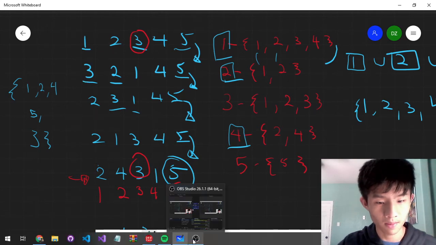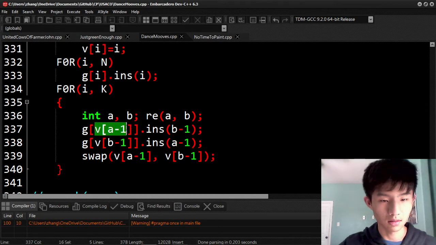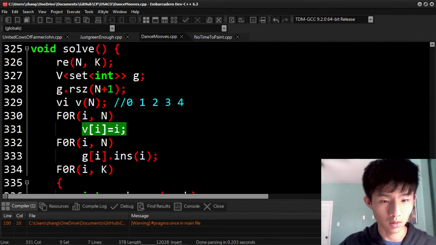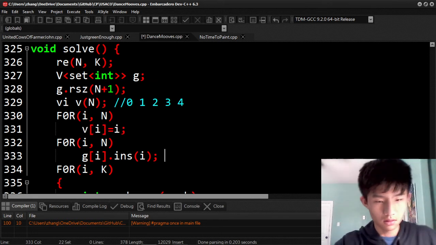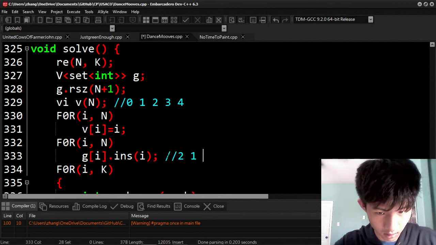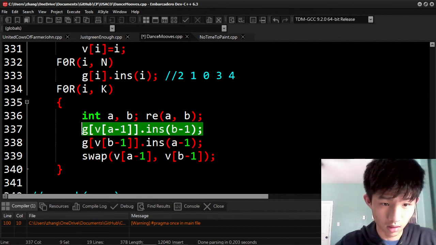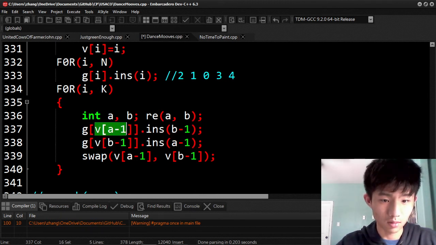This is 3. What can happen is you just plug in this number. This vector describes what the array is currently like. So maybe after one change, I think the first one was 1 and 3, so it just changes like this. The vector describes what value position a minus 1 is on. Remember it's 1-based index, that's why I have to minus 1. And then I insert the new position, which is b.